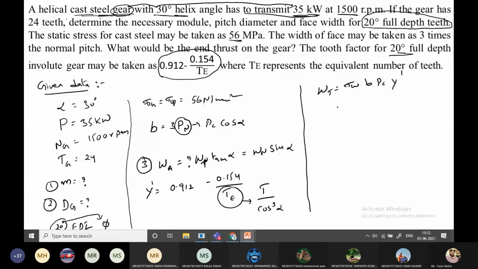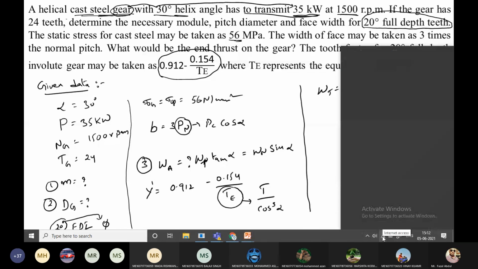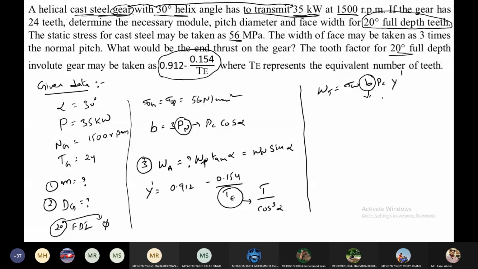So Wt equal, the question itself mentioned 3 times the pitch.